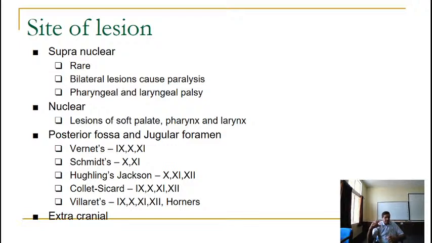From the nucleus, that is in the medulla oblongata, at the nuclear level, lesions of the soft palate, pharynx and larynx occur, because there you have all the three nerves, 9th, 10th, 11th, which is called the bulb. So at the nuclear level, the associated 9th and 11th cranial nerve palsy also occurs. Then you have the posterior fossa, as the nerve travels in the posterior cranial fossa and ultimately comes out through the jugular foramina.